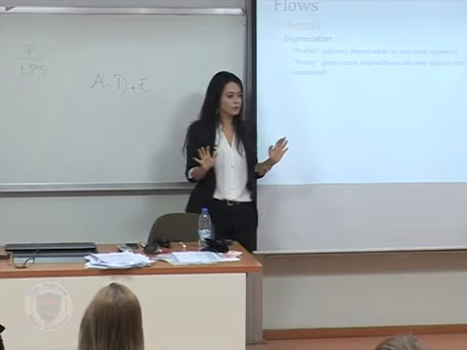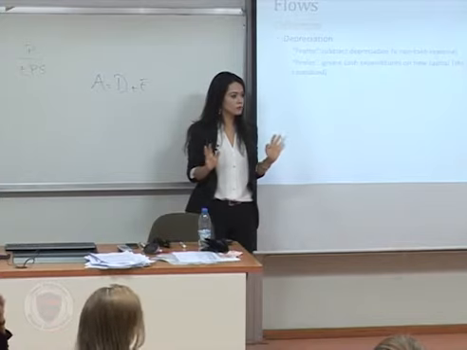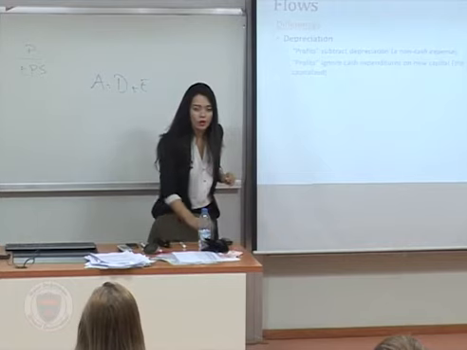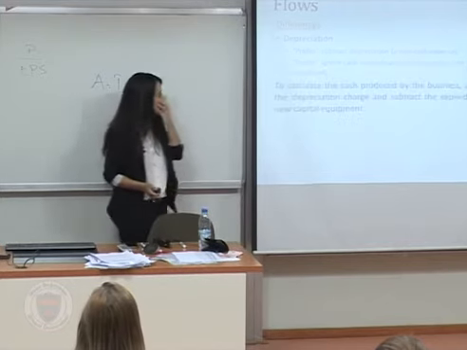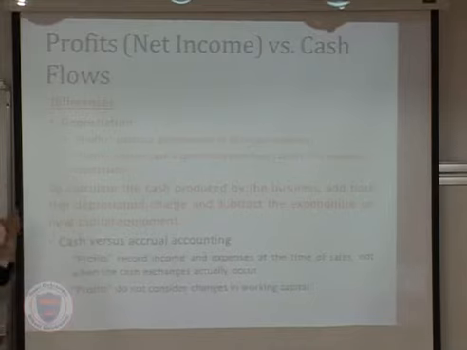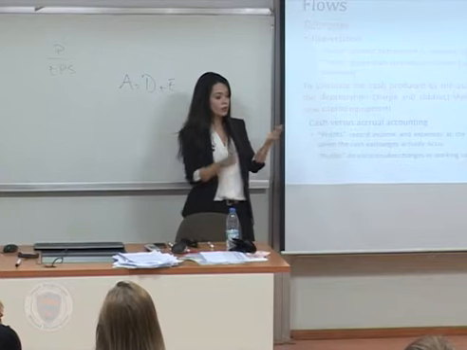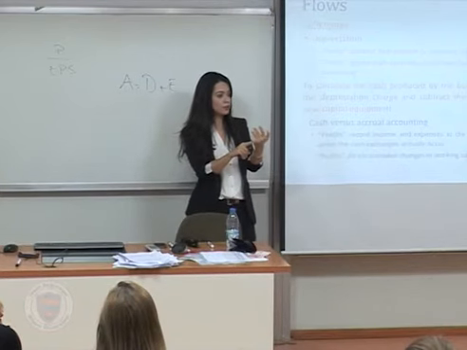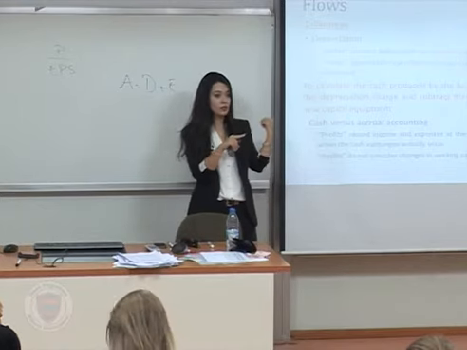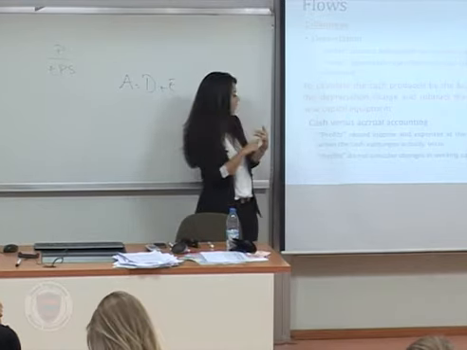Very simple. Any questions? Okay. So basically, every time you're trying to calculate cash from income, this is the first thing you need to do. Deduct the capital expenditure, add the depreciation, very important. We're going to see this in the statement of cash flow part again.